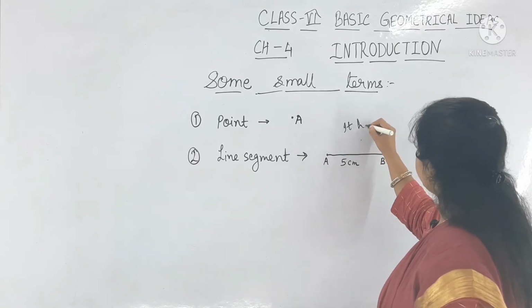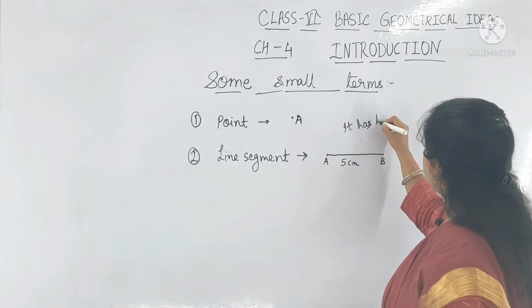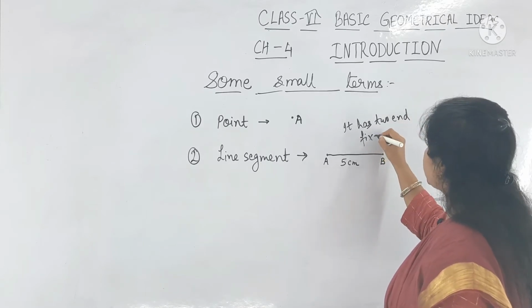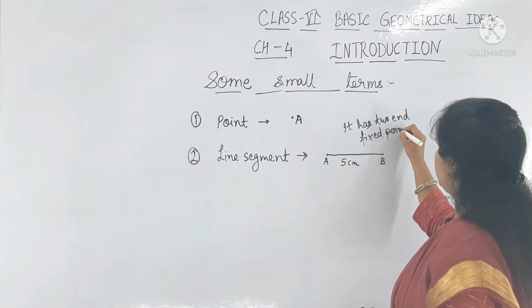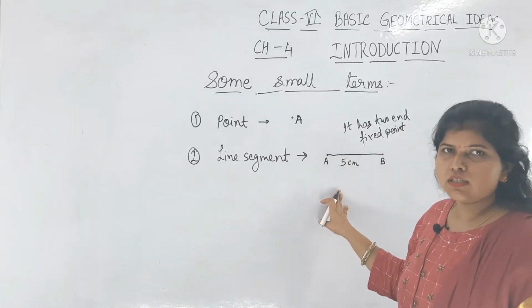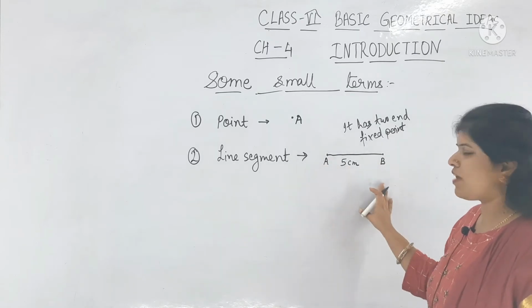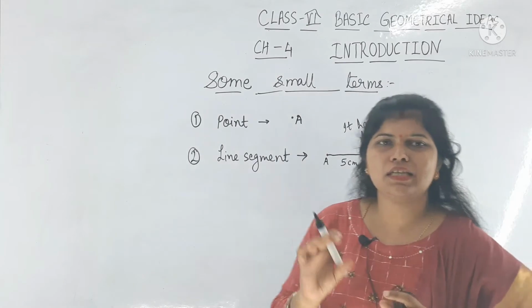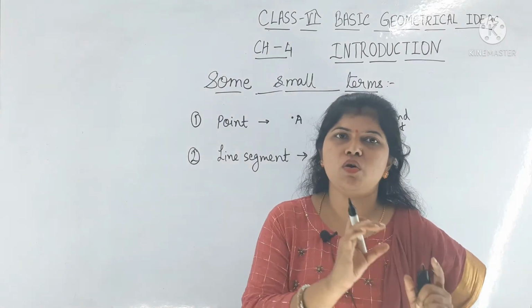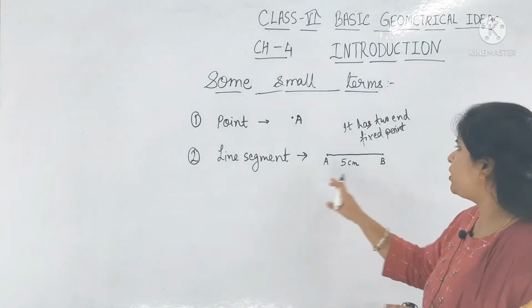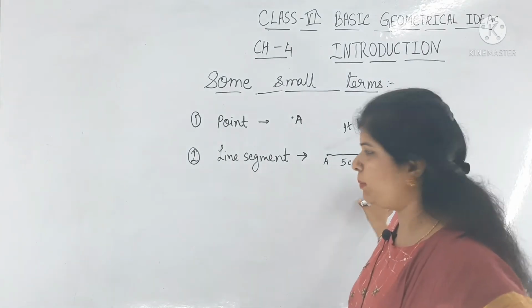It has 2 endpoints, 2 fixed points. In the scale you have to start from 0 to 5, that is 5 centimeter. If it is 2.5, you start from 0 and put the endpoint at 2.5. So this is named by A and B.